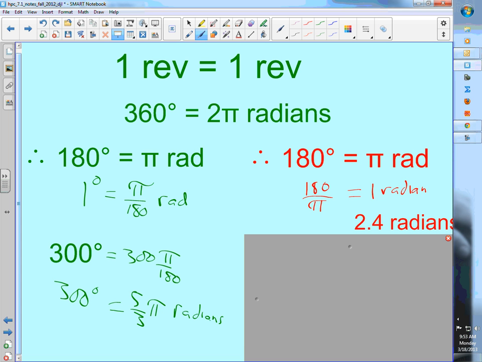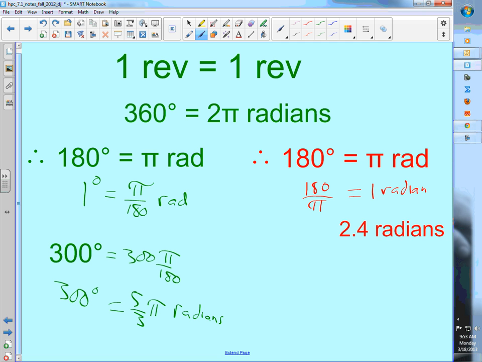And if we want to get to 2.4 radians, what do I do to 1 radian to make it 2.4 radians? Multiply by 2.4, so we're going to multiply 2.4 times 180 over pi.